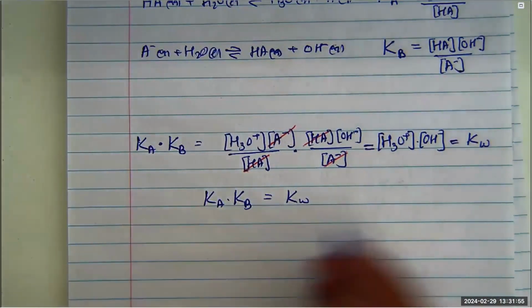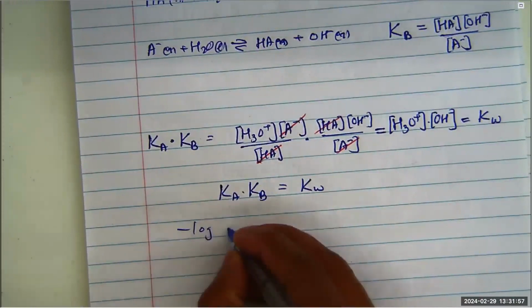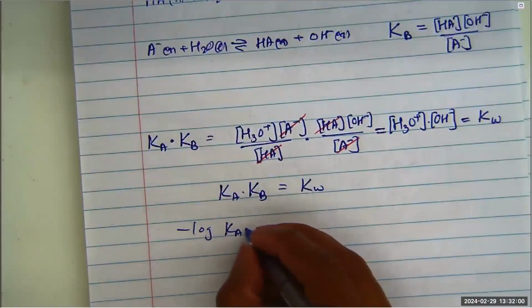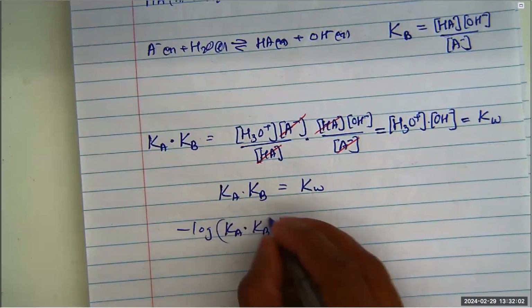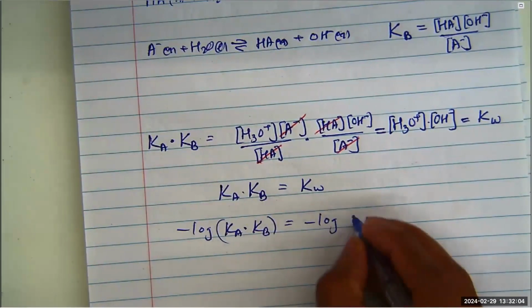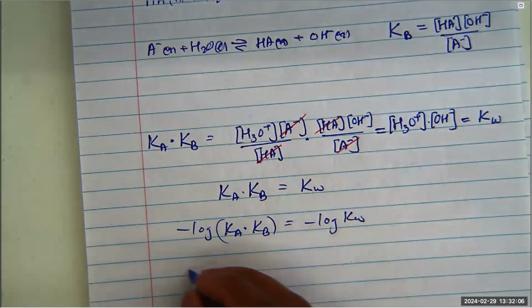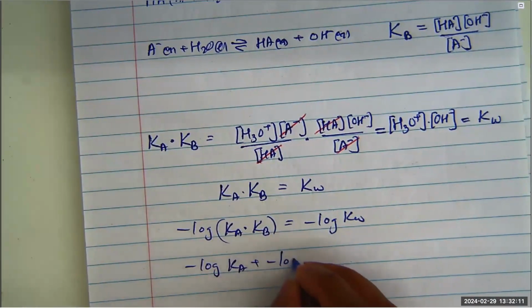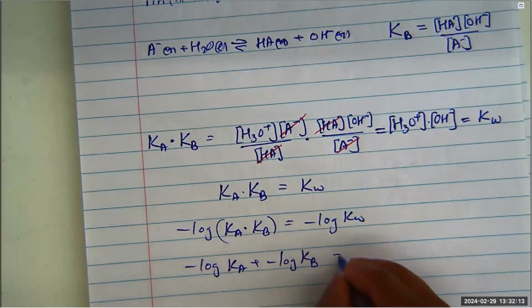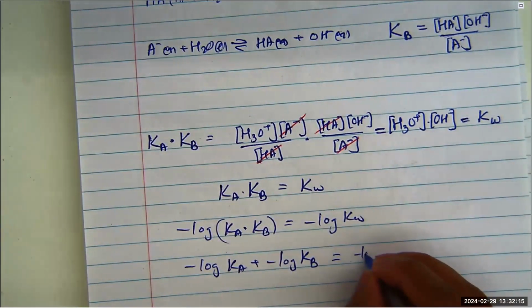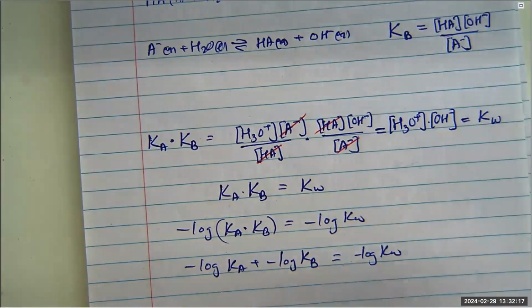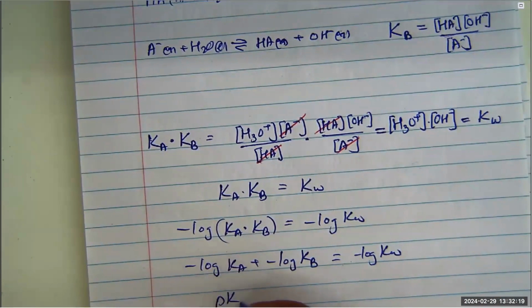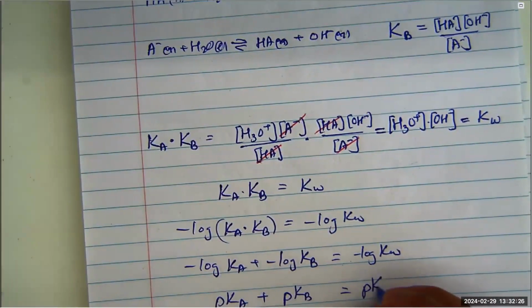So if I take the negative log on both sides, the negative log of Ka times Kb and the negative log of Kw, I'm going to end up with negative log Ka plus negative log Kb and negative log Kw. This is pKa and this is my pKb, and that is equal to pKw.